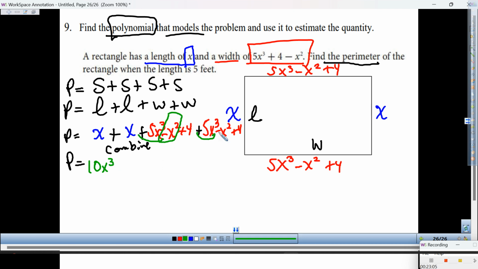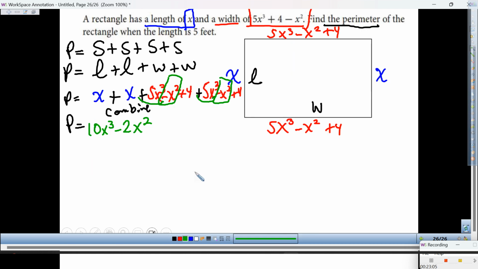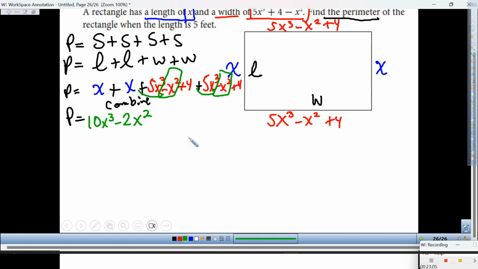Negative 1x squared and another negative 1x squared, that's negative 2x squared. Are we doing good? Next, 1x plus 1x is 2x. And last but not least, the constants. What is 4 plus 4? 8. I want to see this as part of your answer. That's one portion of the answer.